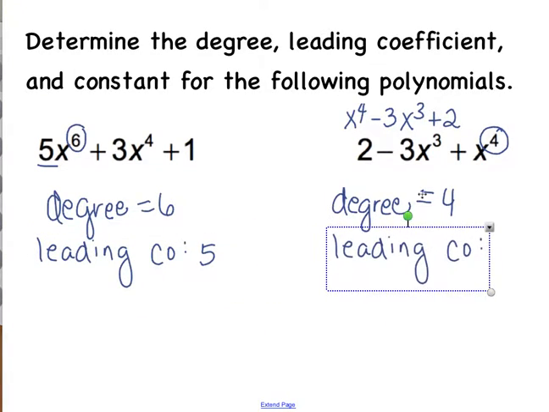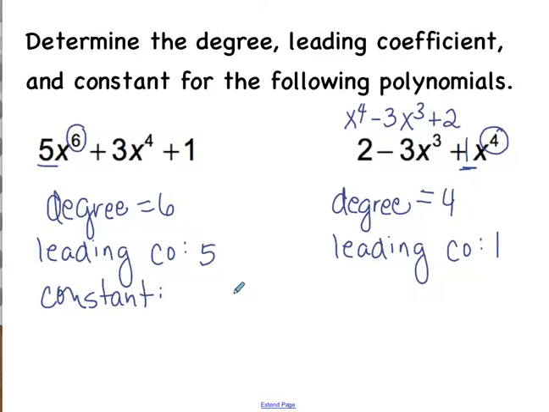Over here, it is the number in front of the variable with the highest exponent. See that hidden 1 there? The leading coefficient is a 1. It doesn't matter that it's not beginning with the 1x to the 4th. What matters is that if it was written in standard form, you would see this 1 out here in the front of my expression.